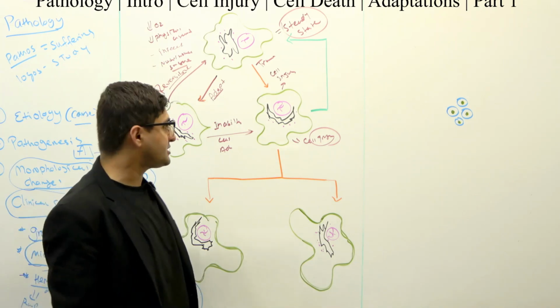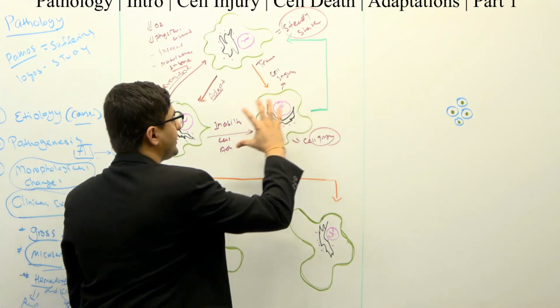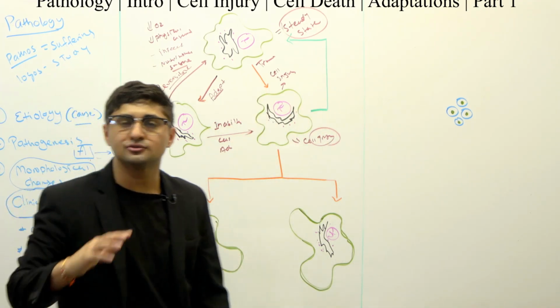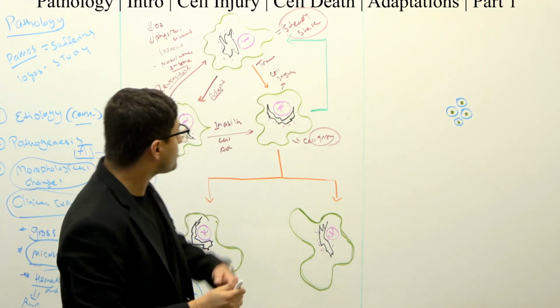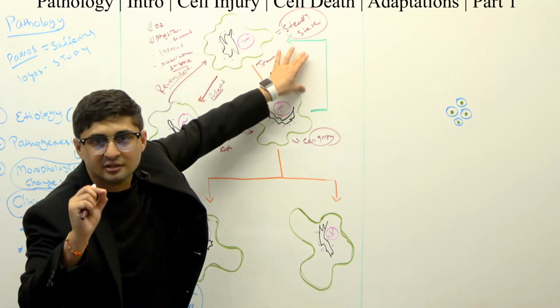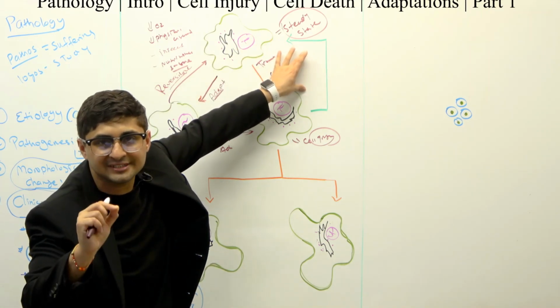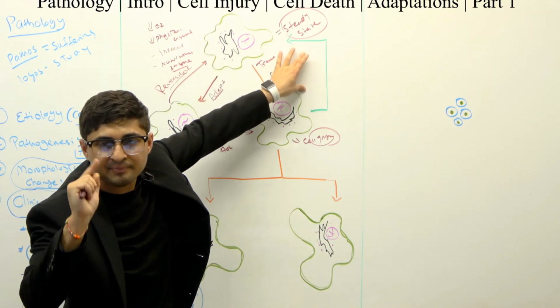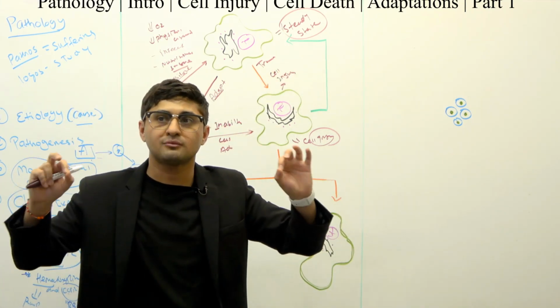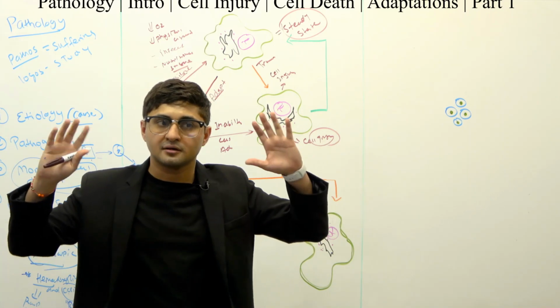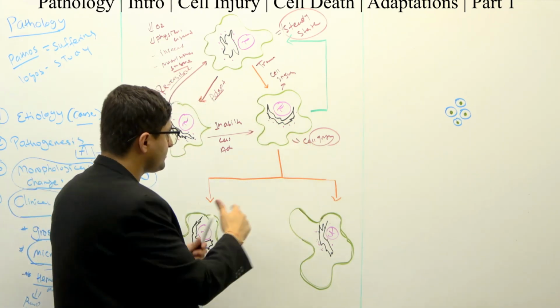But sometimes the cell is traumatized in such a way that there's no way it can go back to normal. The cell cannot go back and meet its normal state or steady state. In that case, the cell has only a couple of ways to go. The main two, let me write down here.